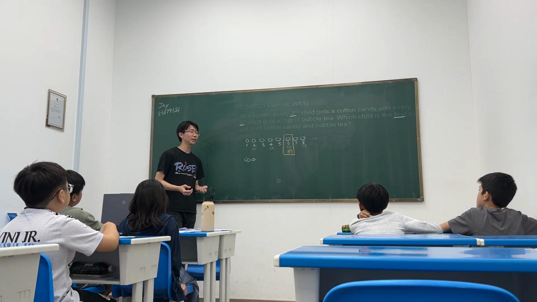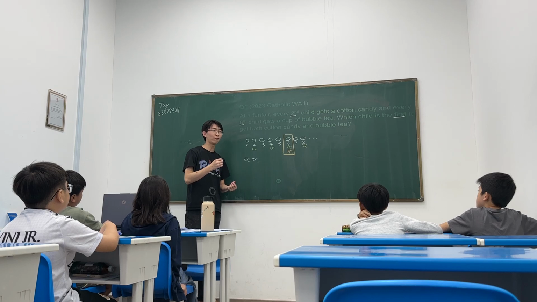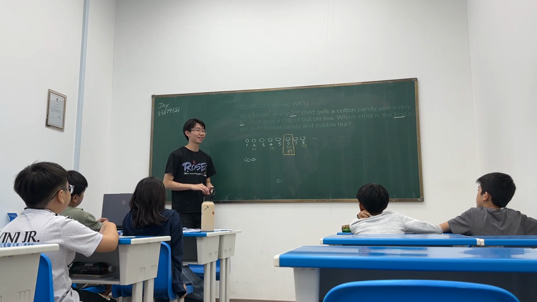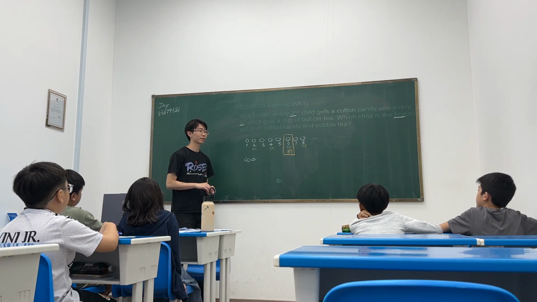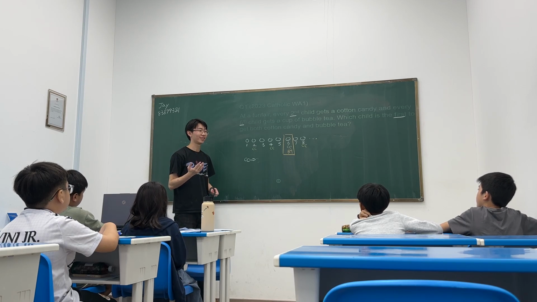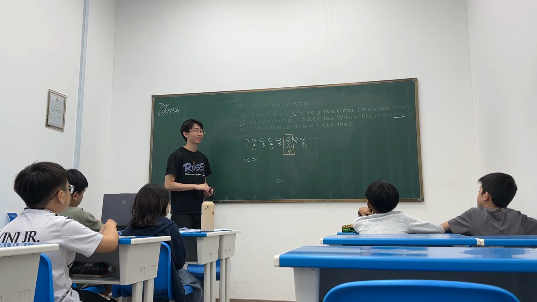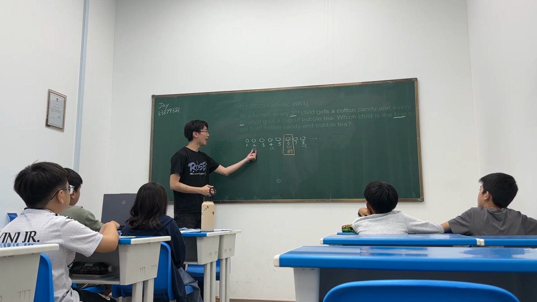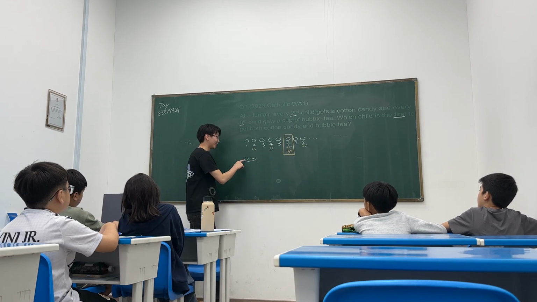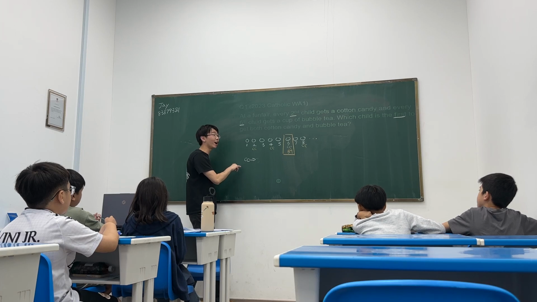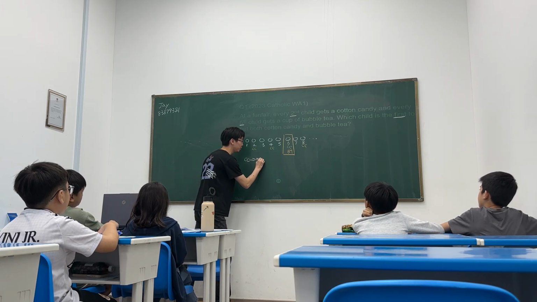Now, what are the characteristics of these numbers? 2, 4, 6, 8. Of which number? Excellent! They are all multiples of 2. So to get a cotton candy, the position of this child should be a multiple of 2.